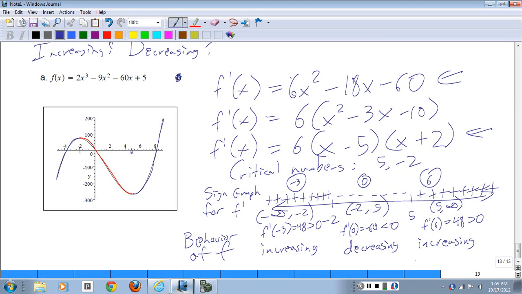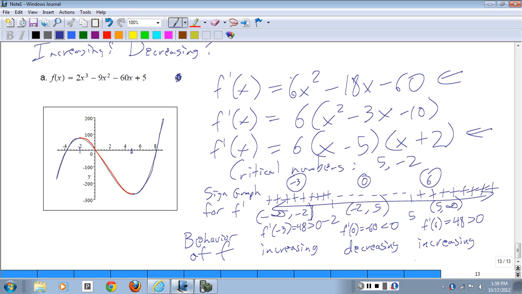Now, if it's nice and continuous, yes, we can. And we will. We can include the -2 both in the interval where it's increasing up to the -2 and also include it in the interval where it's decreasing. You have to look carefully at the definition of what it means for a function to be increasing on an interval or decreasing on an interval, but it works in both cases.